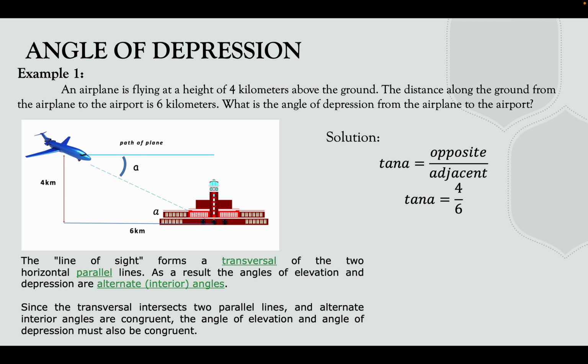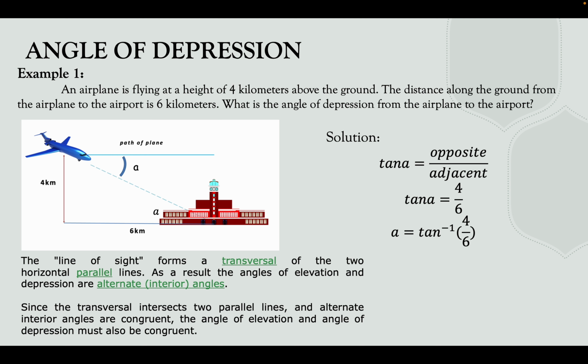Next, we substitute our givens. Tan A is equal to 4 kilometers over 6 kilometers. To find angle A, we use tan inverse. So angle A is equal to tan inverse of 4 over 6. You can use your scientific calculator for this.